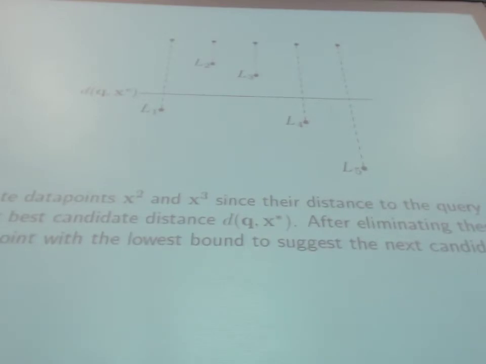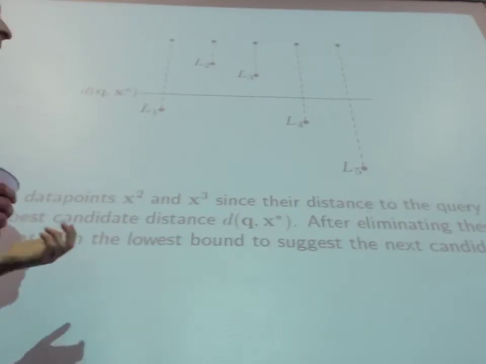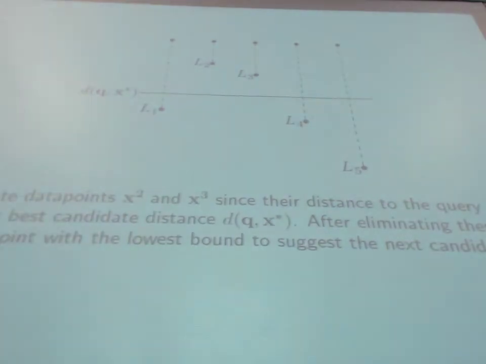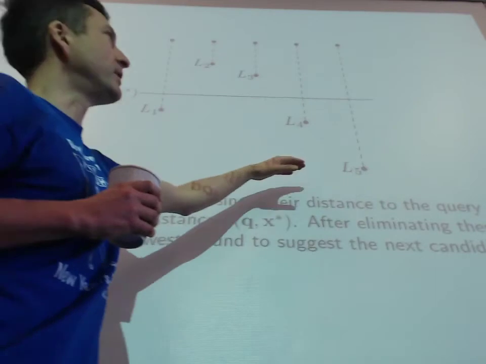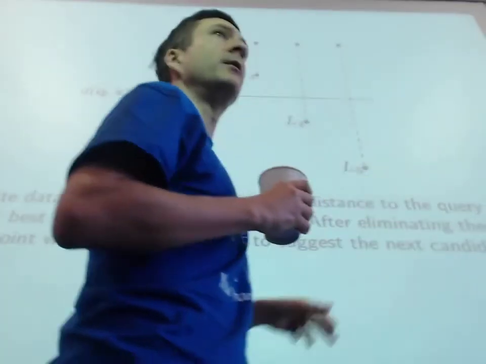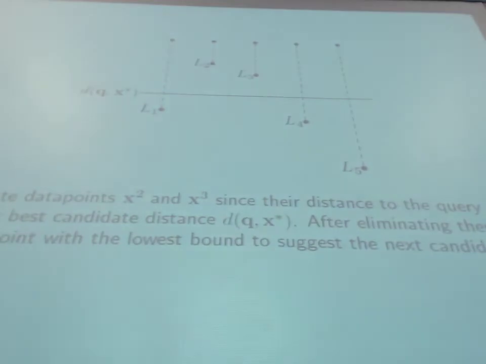And I'll use them to rank which data points I search for next. So in this case, L5, x5 would be a good candidate to go for, because that seems to have the lowest possible value. You don't know the true distance; it could be anywhere in here, but it's not an unreasonable thing to guess that x5 might be the best thing to do.